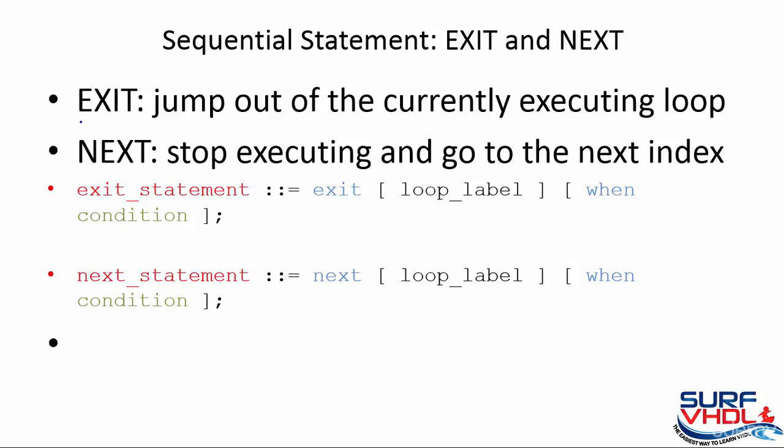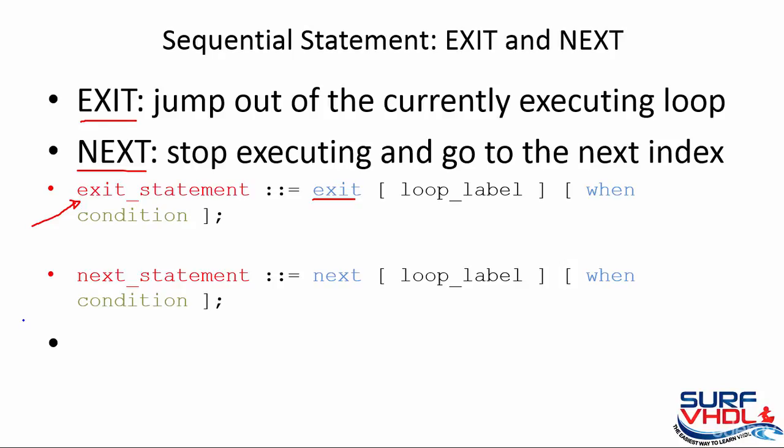Exit and next statements are used in iterative statements to modify the code flow. If we want to jump out of the currently executing loop and go to the statement following the loop statement, VHDL allows us to use the exit statement.